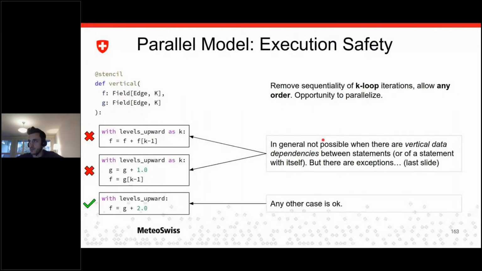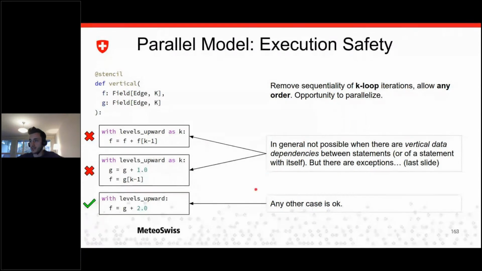So the first of all was already mentioned: removing the sequentiality of k loops. If you instead iterate through the k loops in any order, you could think of a parallelization opportunity here.